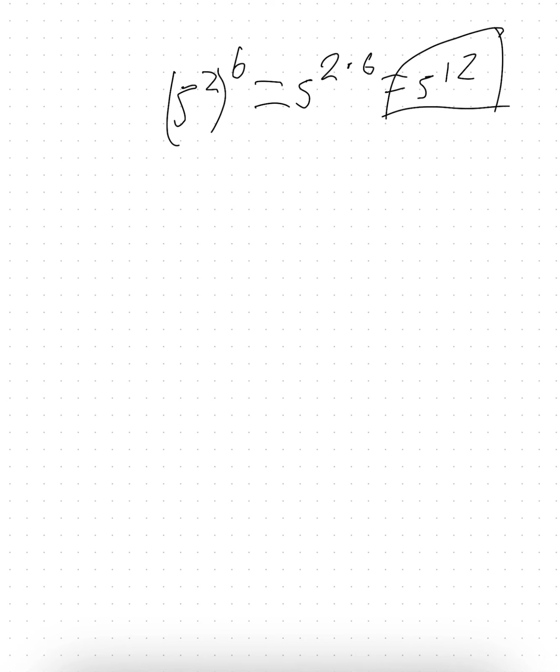Let's do another one where you might get confused. What if we did 5 raised to the 2nd raised to the 6th without parentheses? What does that equal? Now, we can't simply multiply these because there's no parentheses. We're not raising anything specific to a power. So what we do is we do the highest exponent first, which is 6, and the base is 2.